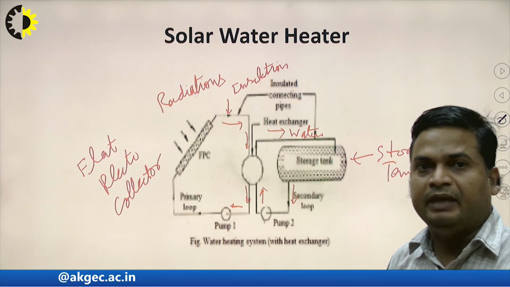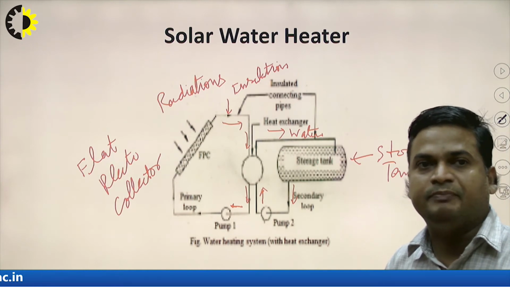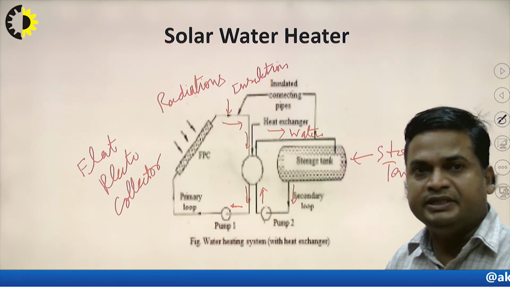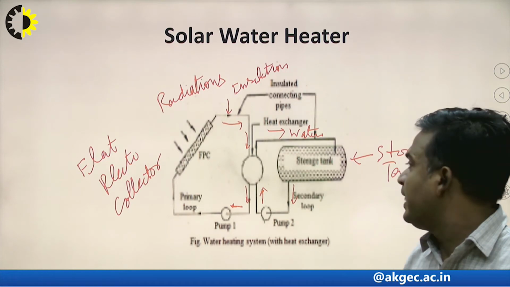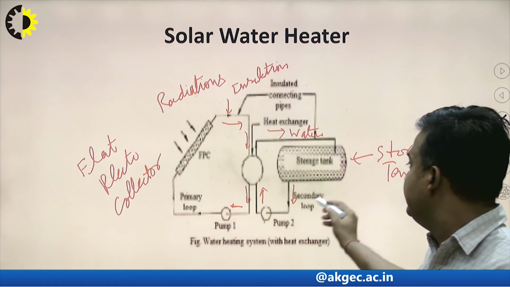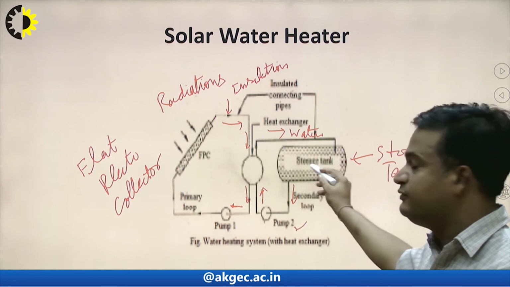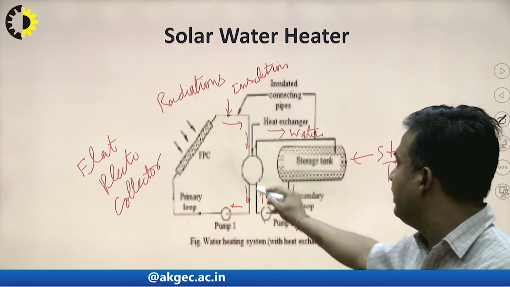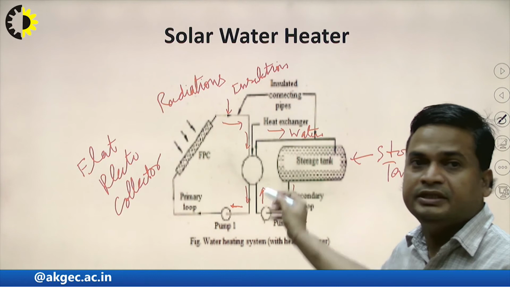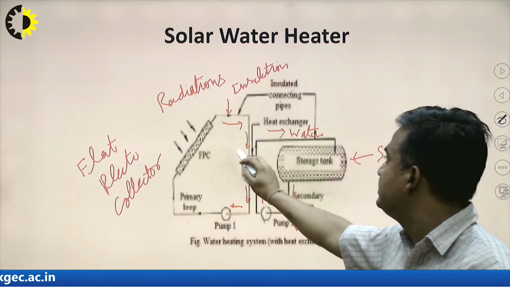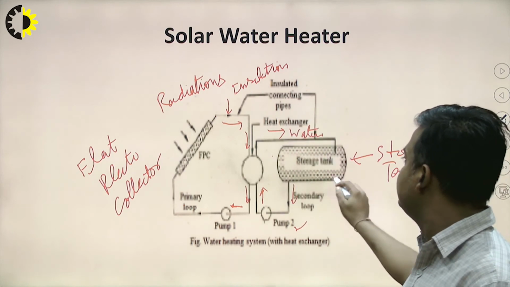And after some time, when the temperature of this water gets reduced, because insulation is not 100% perfect, some leakages, we can say some heat loss is there, and when the temperature is reduced, this secondary pump is there. This is the secondary pump, and this water flows through the secondary pump again in this direction, and this heat exchanger is used to transfer the energy from this working fluid to the water again, and again this water is sent to this.